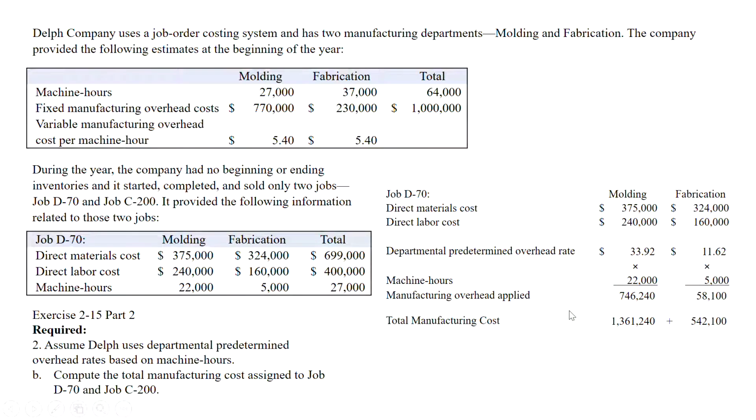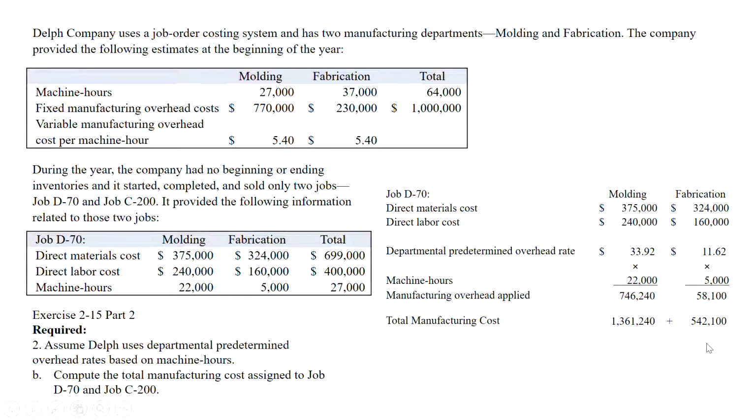Now, we need to add up all three different categories of manufacturing costs: actual direct material, actual direct labor, and the overhead we're going to apply. So for example, for molding, it's 375,000 plus 240,000 plus applied overhead of 746,240, which gives us total manufacturing costs for just the molding department of 1,361,240. Similar for fabrication, we'll get total manufacturing cost for fabrication for this particular job of 542,100.